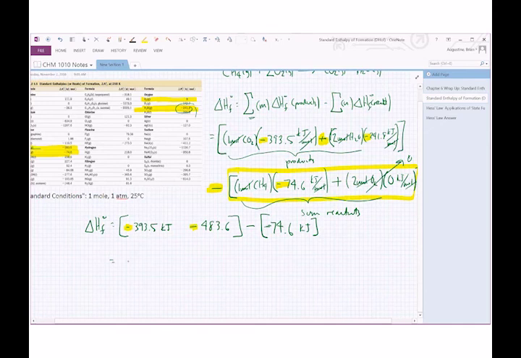This whole thing is minus 867.1 kilojoules. And this is plus 74.6 kilojoules. This whole thing is going to be minus 792.5 kilojoules delta H sub F. Or, excuse me, delta H reaction.